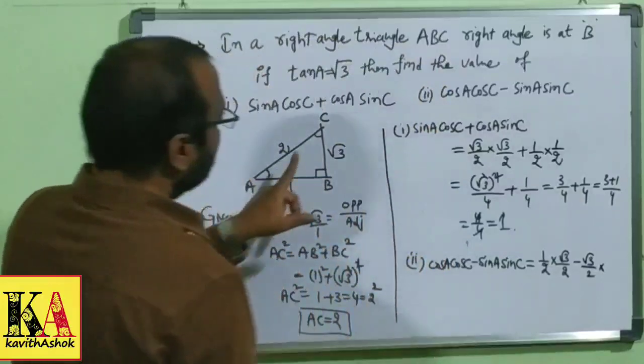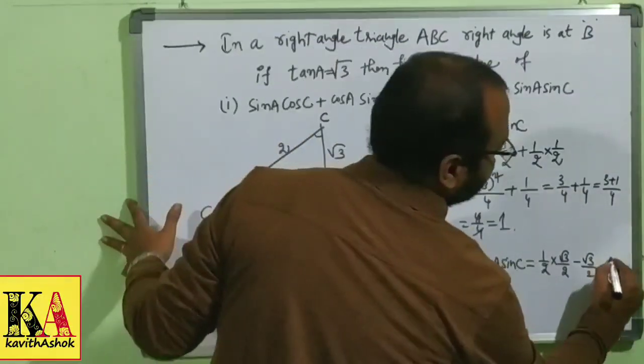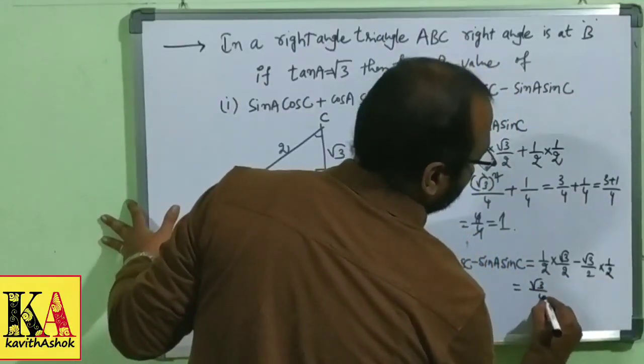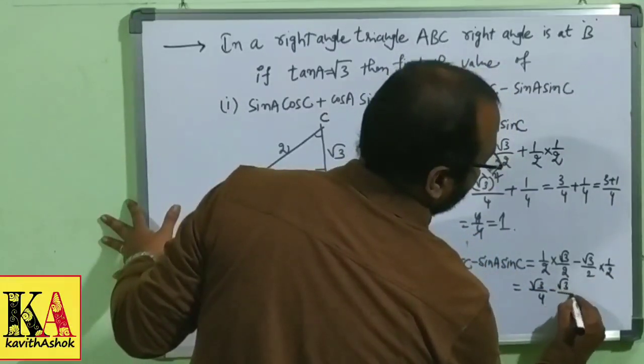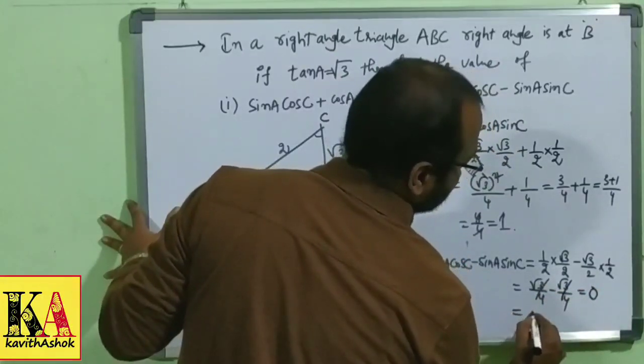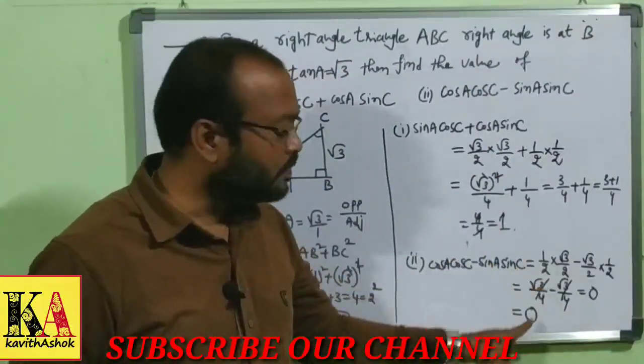Sin C in the sense opposite side by hypotenuse, 1 by 2. So then root 3 by 4 minus root 3 by 4, both get cancelled, the value will be 0. So the answer is 0. This value is equal to 1 and this value is equal to 0.